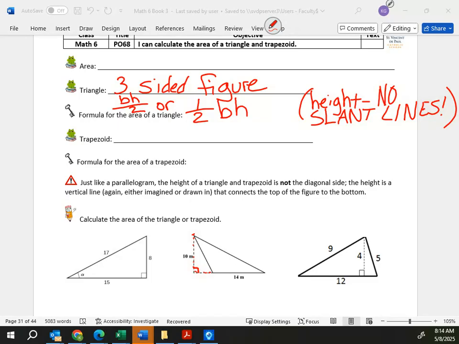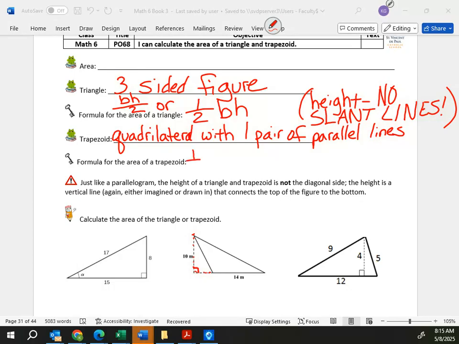Now our trapezoid, instead of being a three-sided figure, it's that quadrilateral. So it has 4 sides, but it's not a parallelogram, so it only has 1 pair of parallel lines. Remember the formula for that trapezoid.